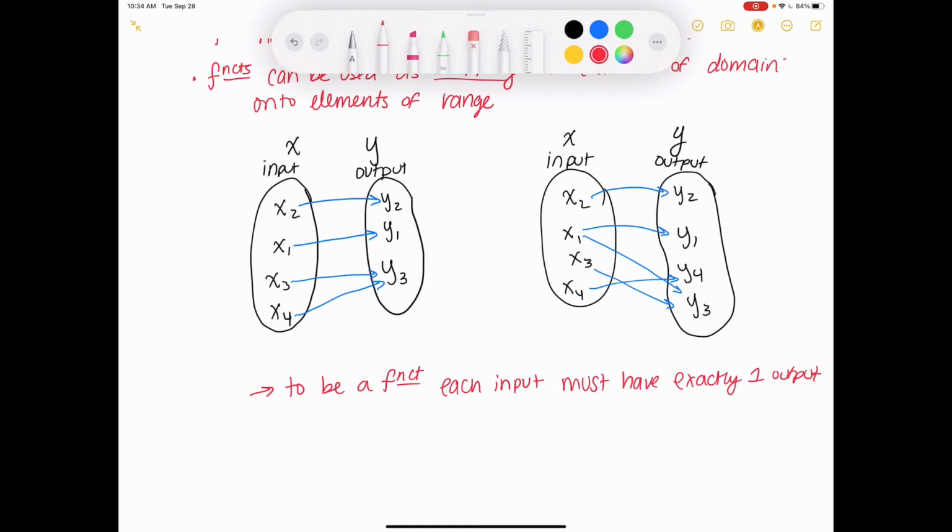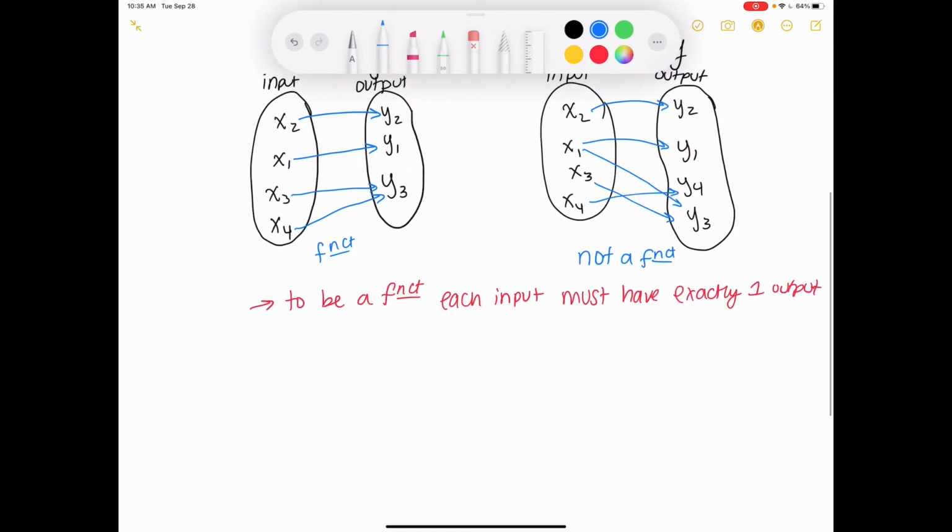Are there any inputs that have two outputs, or more than one output? Hopefully you see that here in the second one. So the second one is not a function because of the x1 having two outputs that come from it. The first one is a function because each input only has one output.